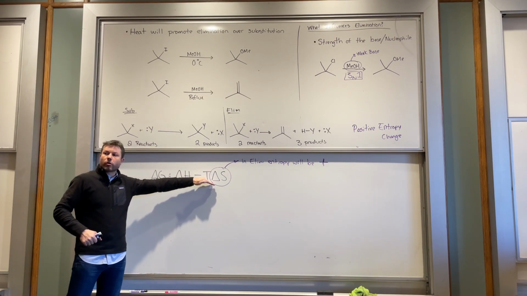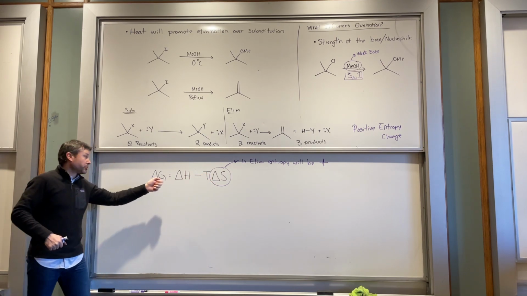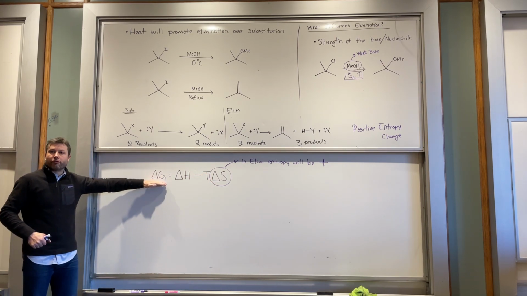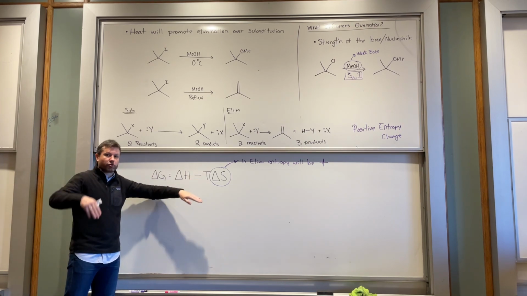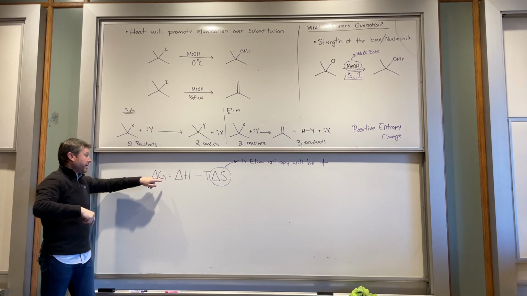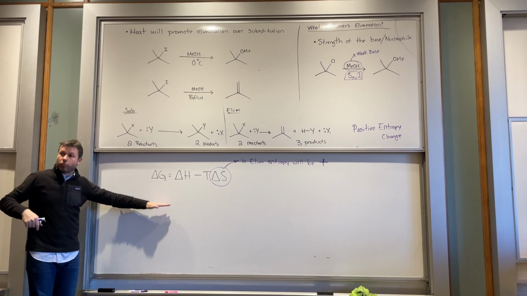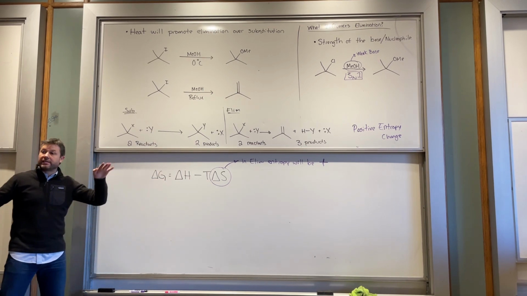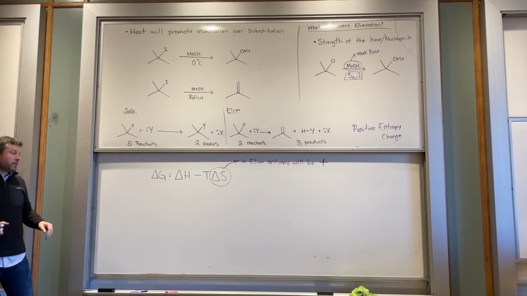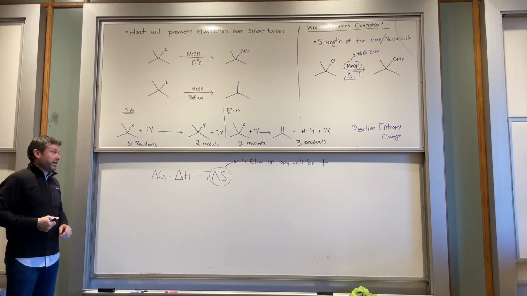But as we warm up this reaction, that change in entropy is going to have an increasingly greater effect on the Gibbs free energy. So as this T becomes greater and greater, the delta G is going to be more and more negative. So we're affecting the equilibrium of the reaction, or the reaction thermodynamics.